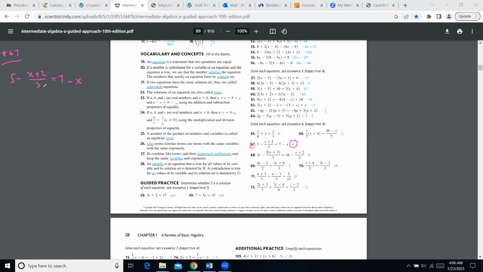but you definitely want to put some work in order to solve it. And the key part is to make sure that our denominator, the only denominator I see here, number 3, will be cleared. So we want to make that 3 go away by multiplying both sides of my equation by that denominator of 3.